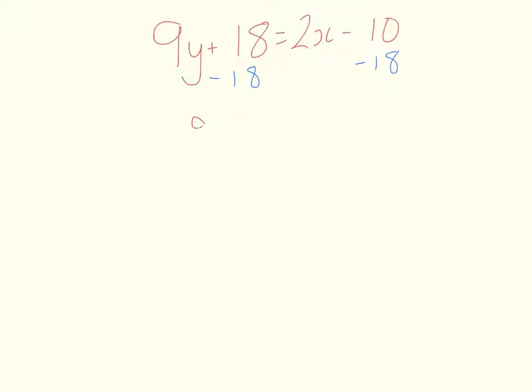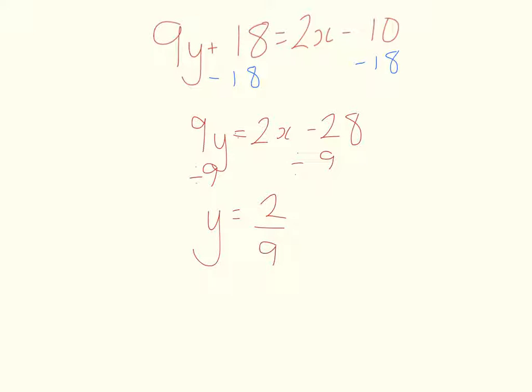I'm going to have 9y equals 2x minus 28, and to get y equals, I'm going to divide both sides by 9. So y equals 2 ninths x minus 28 ninths.